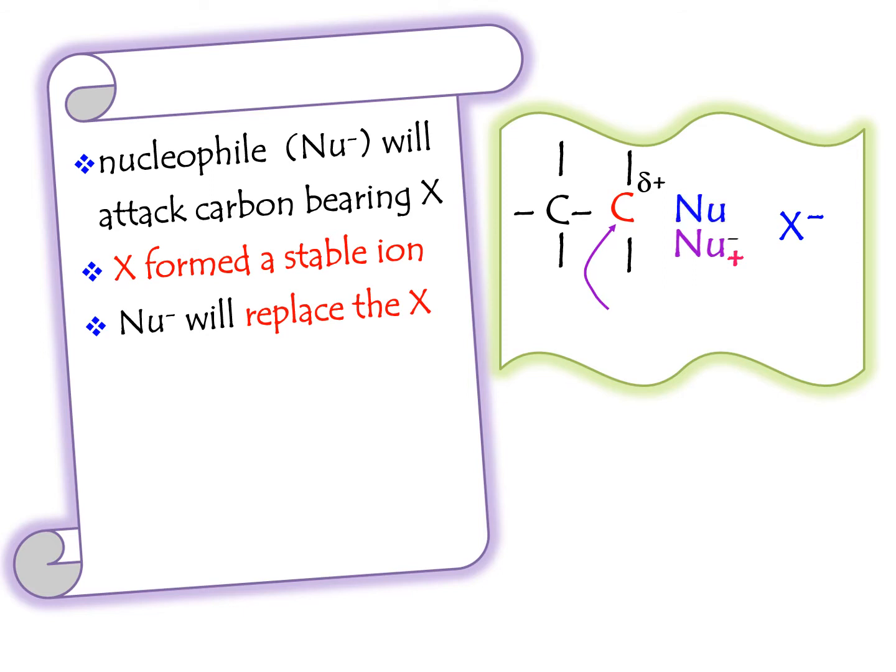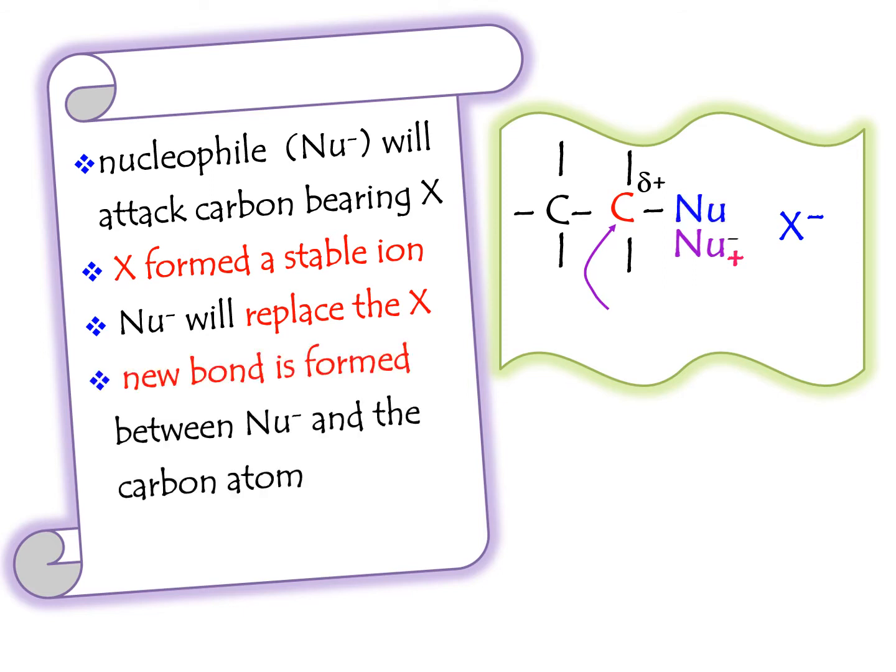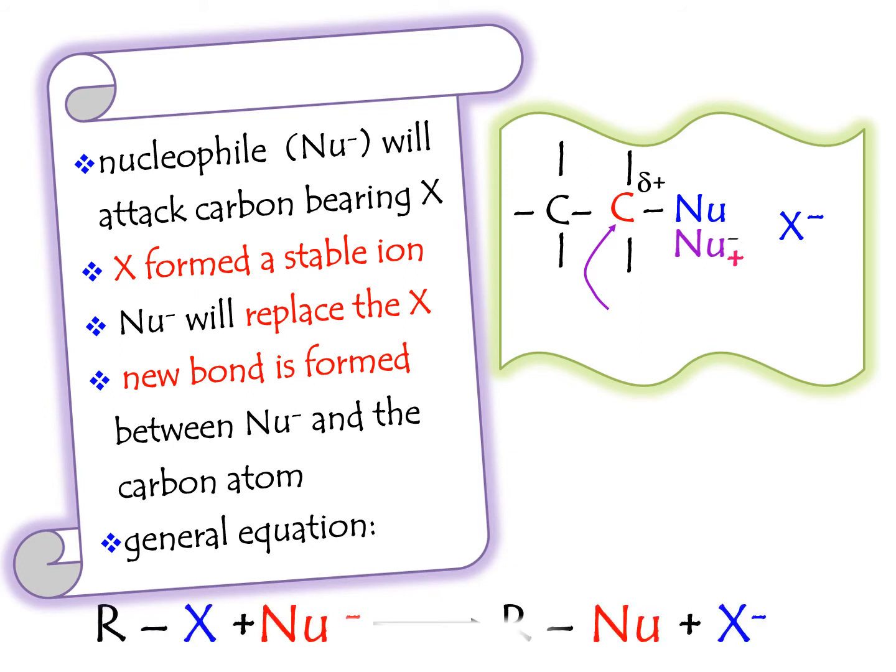The nucleophile will replace the halogen atom X. A new bond is formed between the nucleophile and the carbon atom. Please refer to the general equation for the nucleophilic substitution reaction of haloalkane.